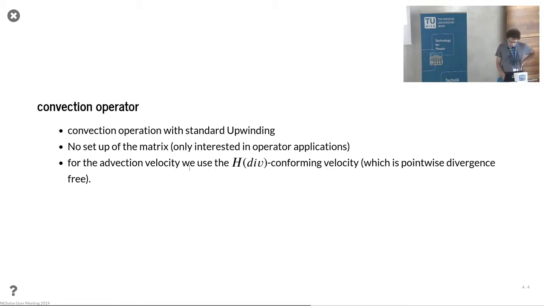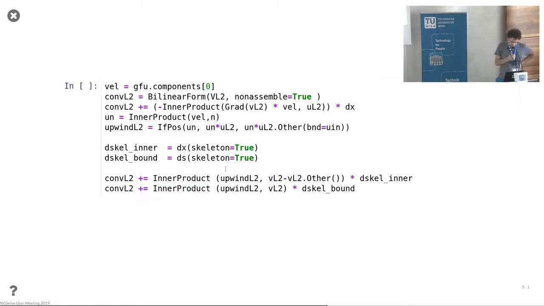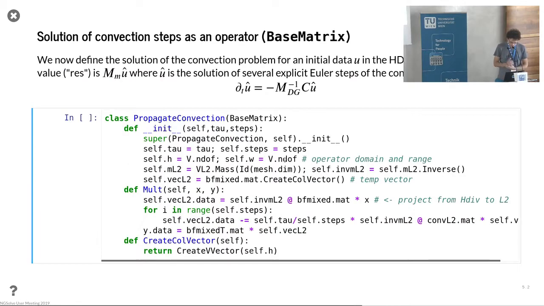And we also know that as the velocity field we have this H-div conforming velocity already, which is pointwise divergence free because it's a solution of the Stokes or unsteady Stokes problems. Okay, this is how it looks. So these lines here, the whole block, correspond to the vector-valued version of the upwind discretization of the convection. This is something that we know already from before.